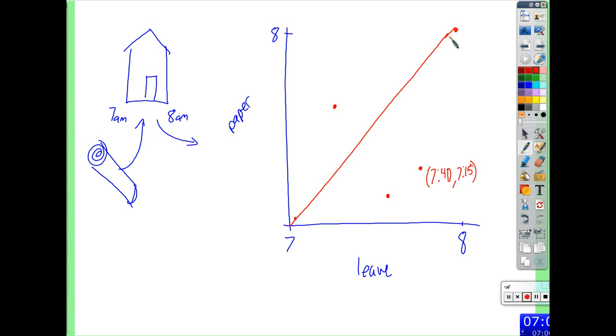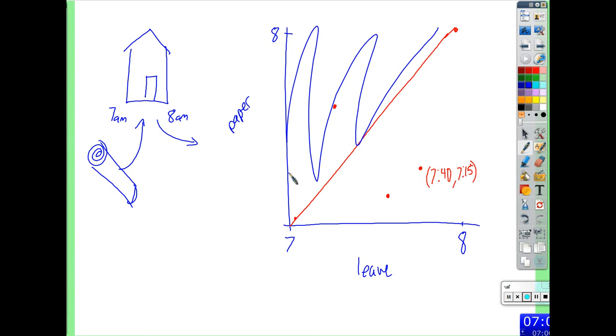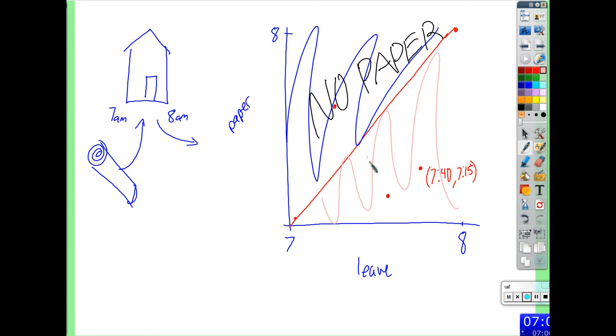Anything above it means you don't get to take the paper. No paper. And below it means you get to bring your paper with you. Yes, paper.